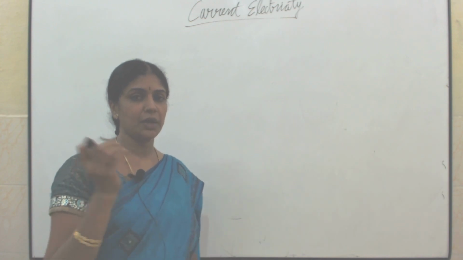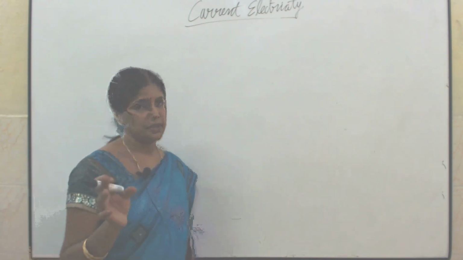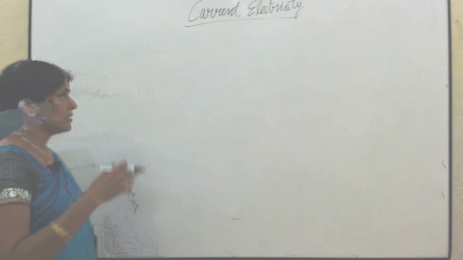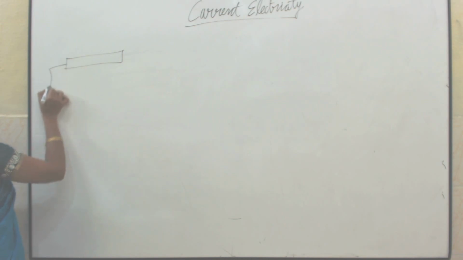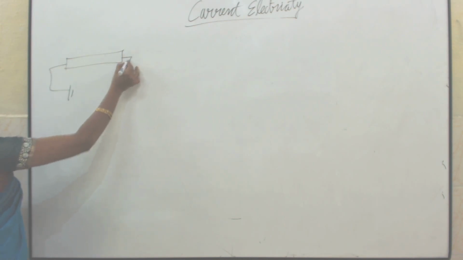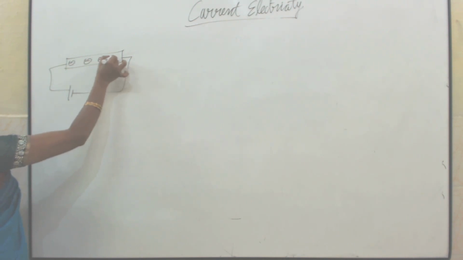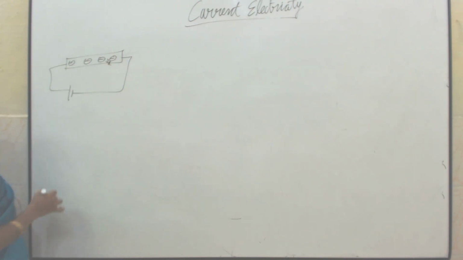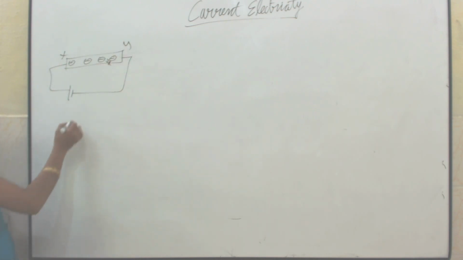It is the work done in moving the charges from one end to the other end of the material. Then same here, take a conductor, same example. The electrons will be moving like this with a drift velocity Vd.